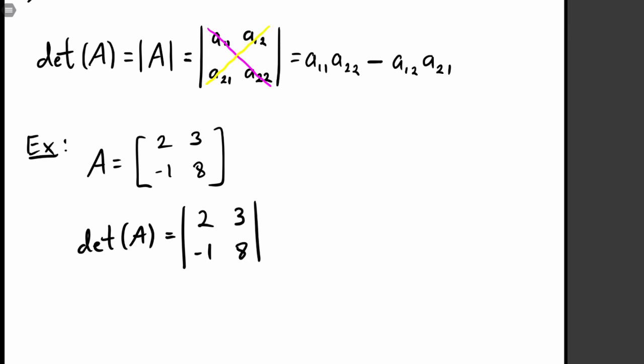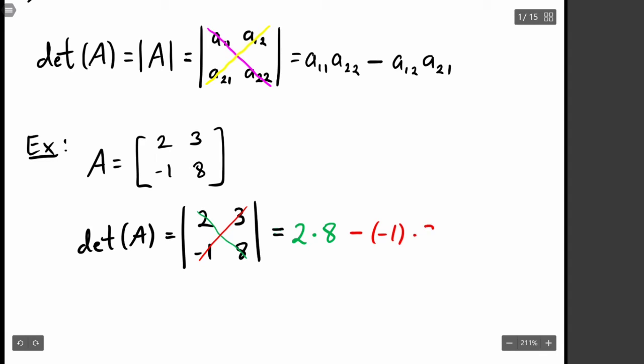We're going to multiply these two together, so 2 times 8. And then we're going to multiply these two and subtract. So minus -1 times 3. And that's 16 plus 3. So this matrix has a determinant of 19.